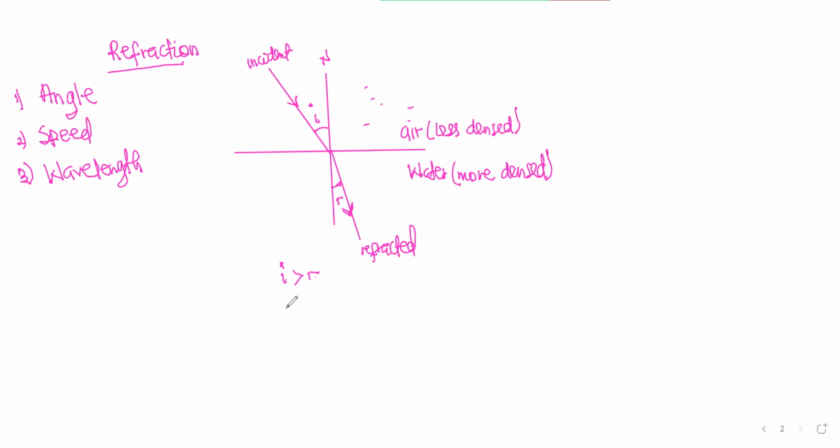Then the velocity of light in air, V in air, would also be greater than the velocity of light in the water.